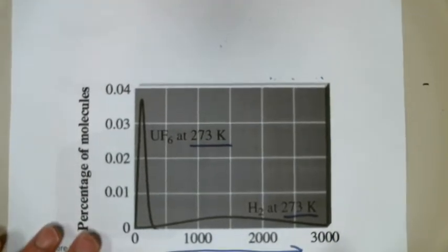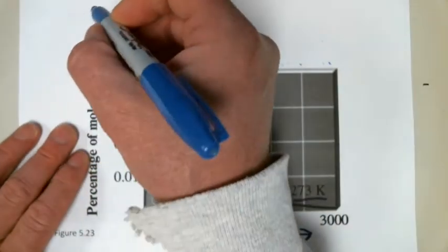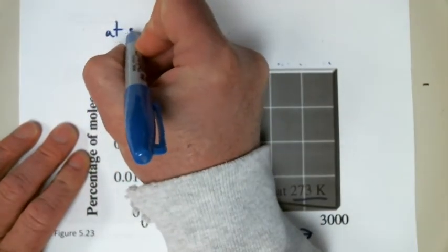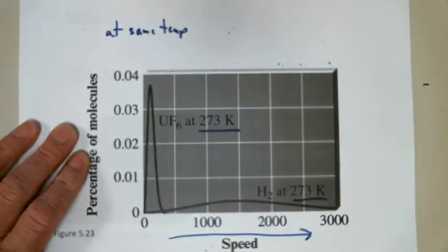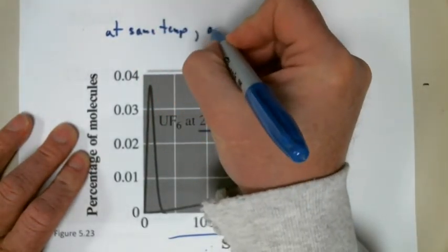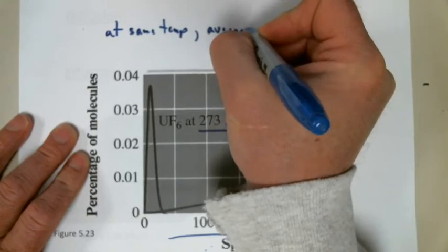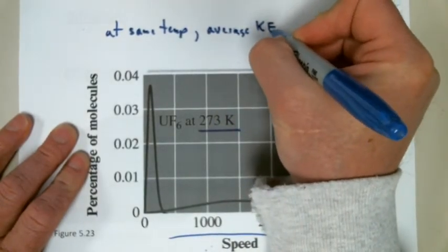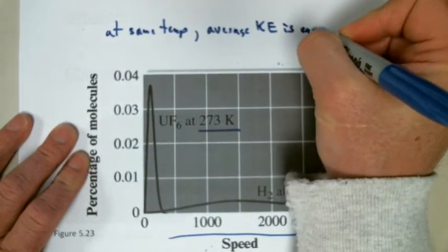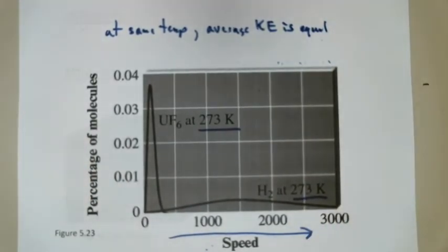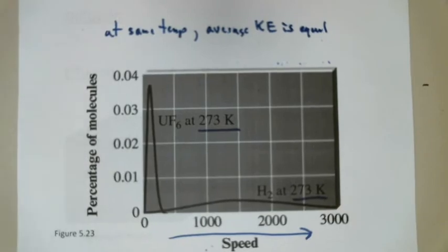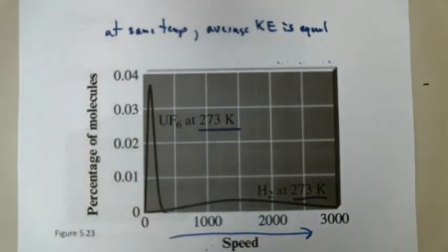And so when you do this at the same temperature, that means the average kinetic energy is equal, right? If these are in the same container or held at the same temperature, their average kinetic energies have to be equal because that's what temperature is.